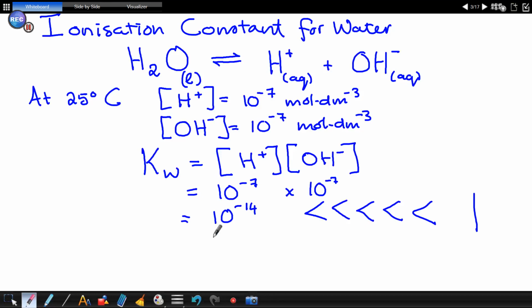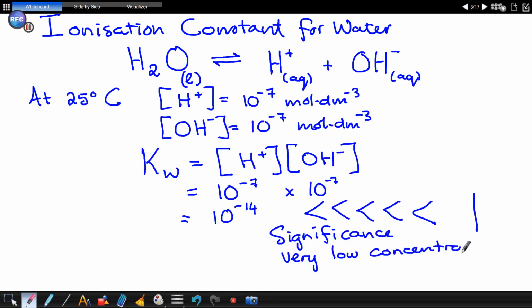And the significance is that the concentration of ions is very, very low. You'll understand later. Just allow it's a reversible reaction.